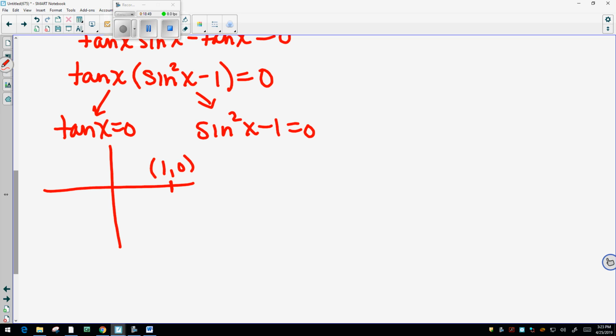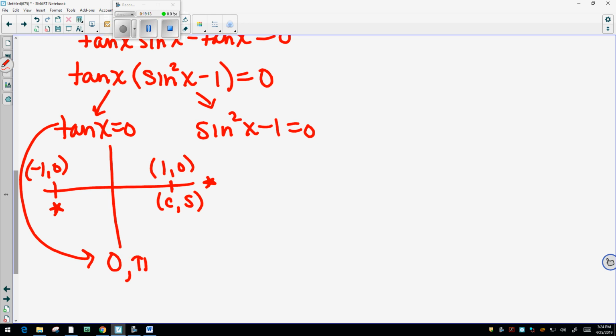So if I do sine divided by cosine, 0 divided by 1, I get a 0. So that means tangent of x equals 0 right here. And what if I took its negative, right? So negative 1, 0. If I do 0 divided by negative 1, I still get a 0. So our solutions to this would be at the location 0 and pi. So I get 2 answers there.